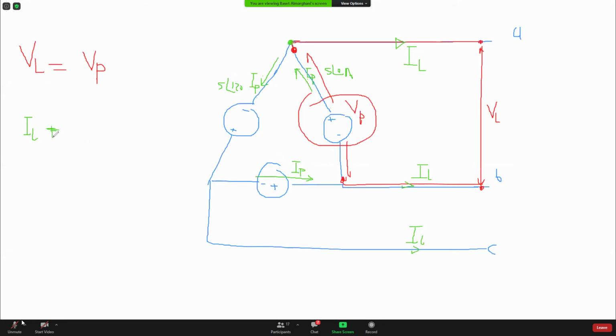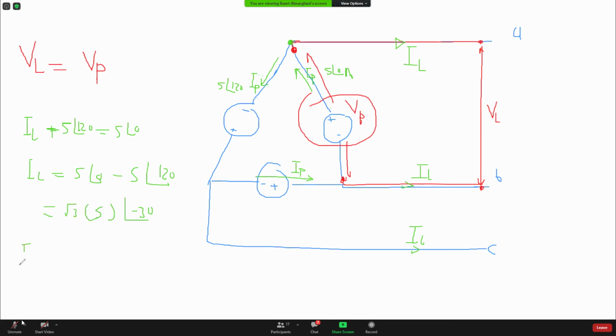Sorry, 5 angle 120 is leaving, equal to 5 angle 0. So from here, IL will equal 5 angle 0 minus 5 angle 120. If you do the calculation, you're going to find the angle is minus 30, and the magnitude is square root of 3 times 5.